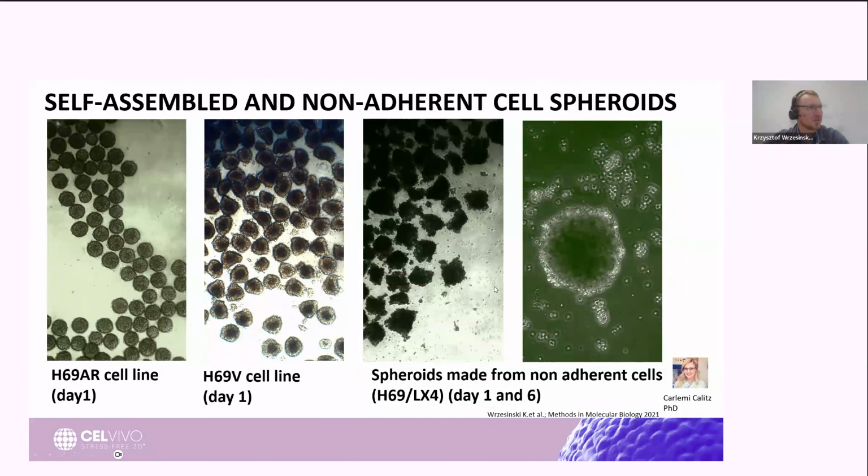What is interesting here is that all those populations are created from different subclones of this one cell line, and those subclones have slightly different characteristics when we think about metastatic potential. That is also reflected in the shape of the spheroids and how easy it is to make those spheroids.